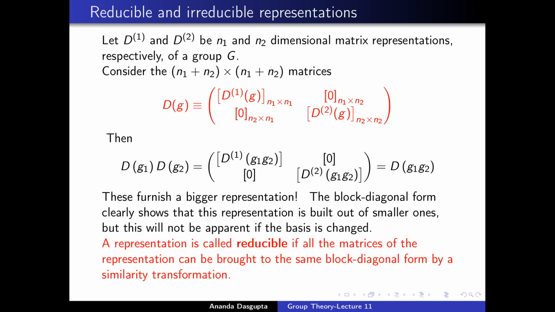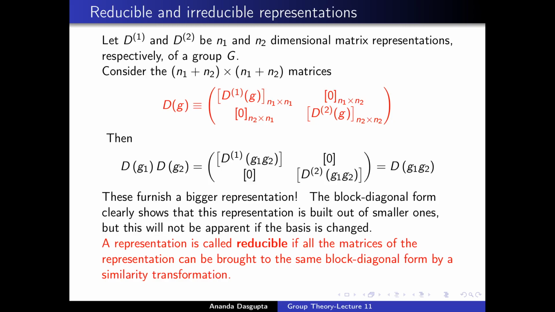Now, if such a structure exists, that is, if all the matrices in the representation are either already in a block diagonal form or can be recast in a block diagonal form with exactly the same block diagonal structure, by doing a given similarity transformation on all of them, then we call this representation reducible.